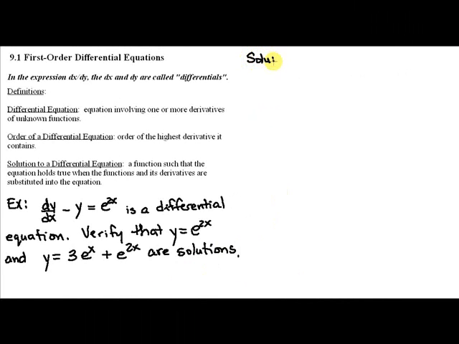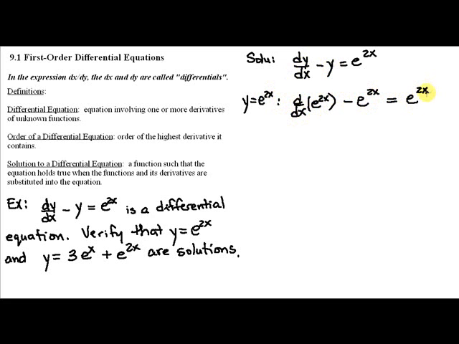So the equation we have to start with is dy dx minus y equals e to the 2x. To verify y equals e to the 2x, we need to plug into this equation. So dy dx becomes the derivative of e to the 2x when we plug e to the 2x in for y, minus y is e to the 2x, and we want to confirm that that equals e to the 2x.